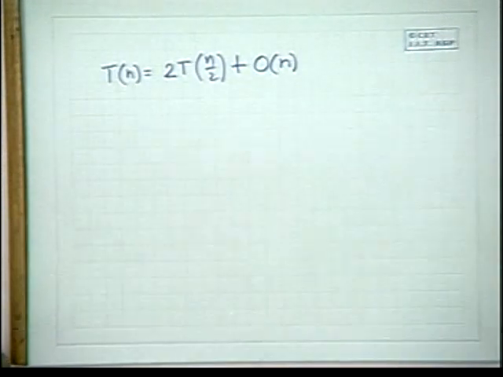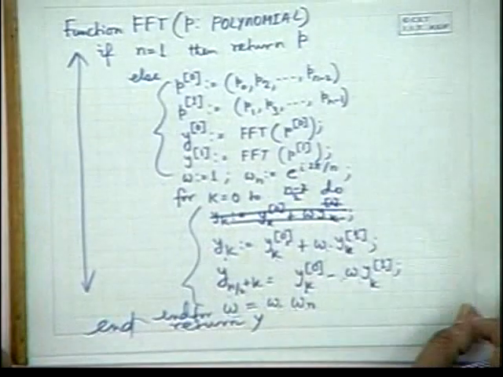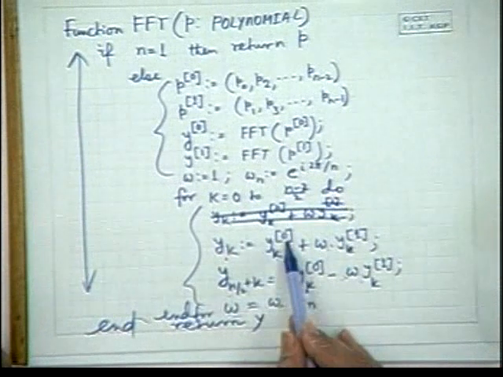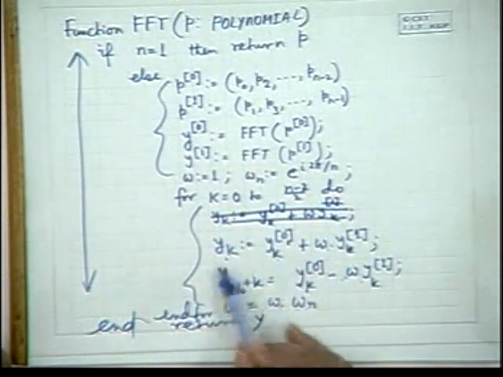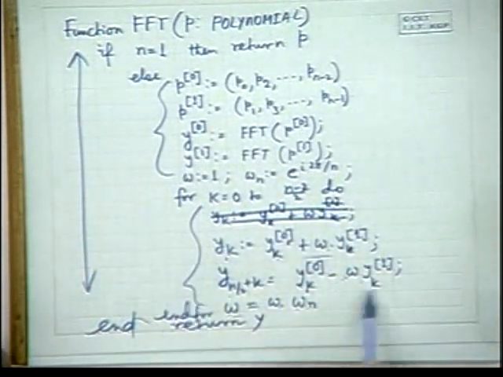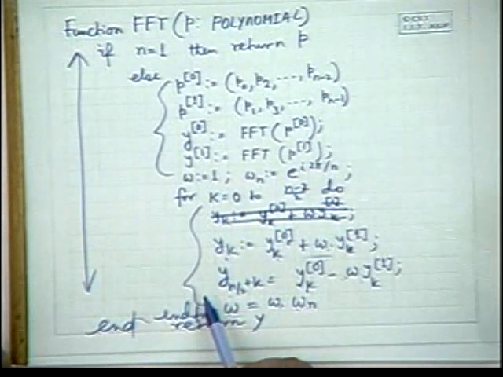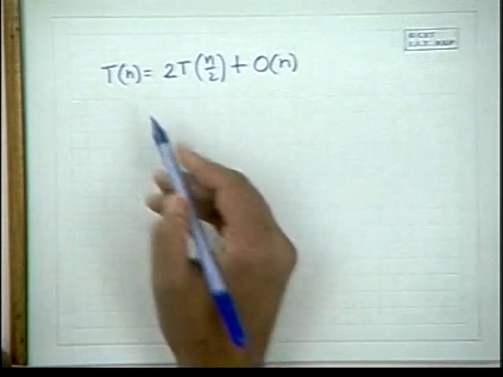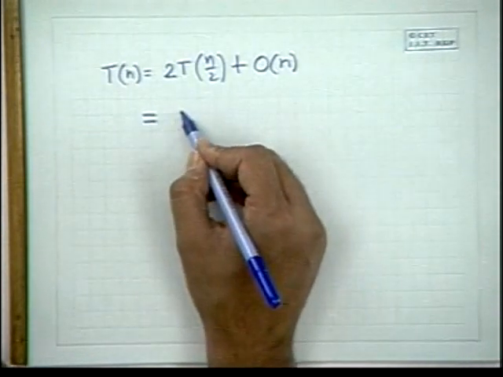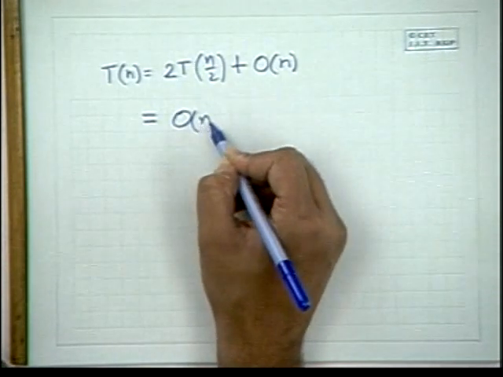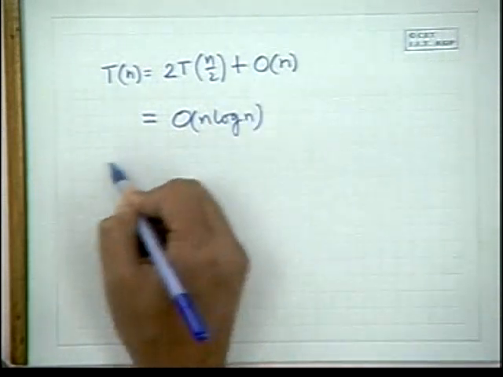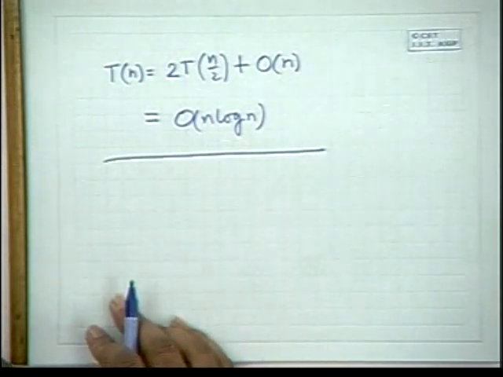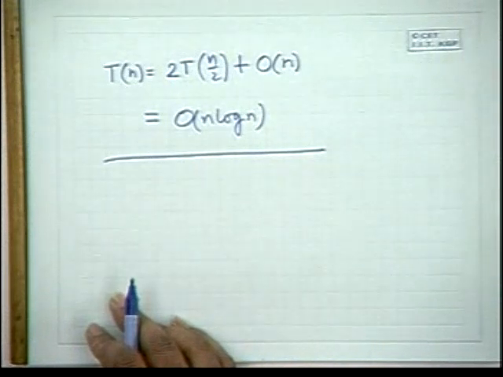You are executing that for loop about n times, and within it each step is a constant time computation. So the total is order n. If you do this analysis, you already know this solves to n log n. So you can compute the FFT in n log n time.